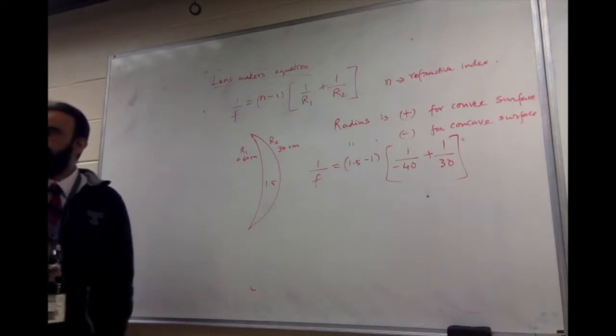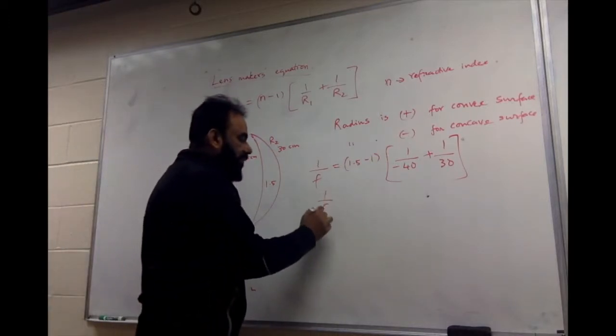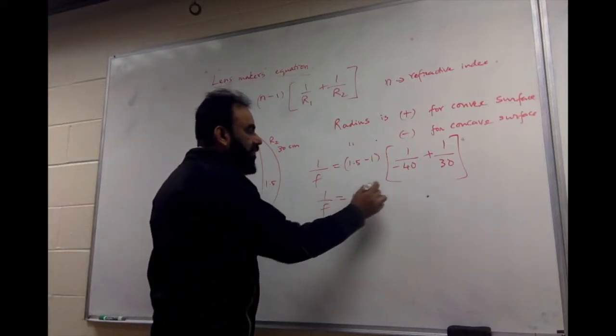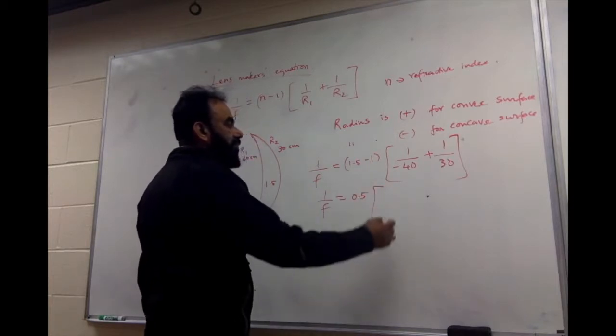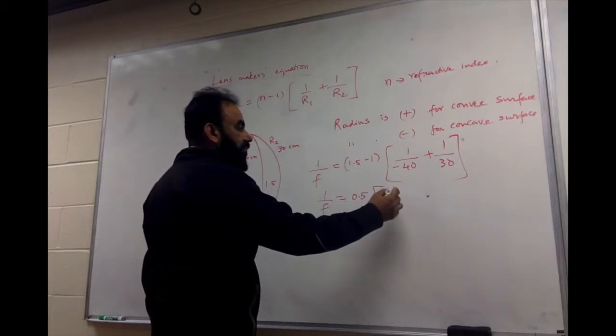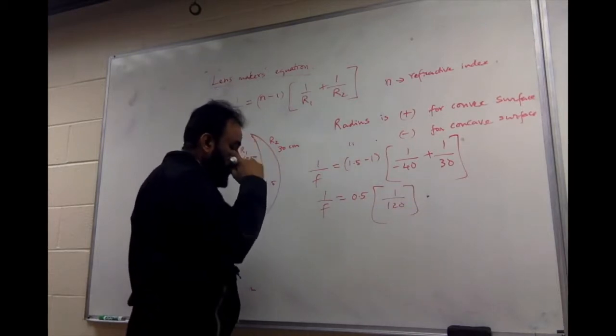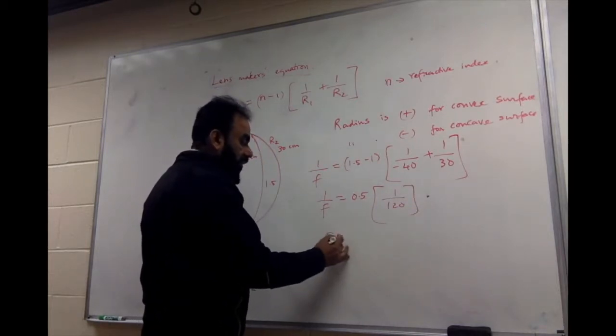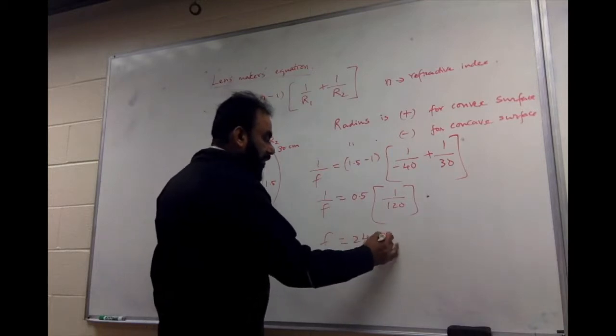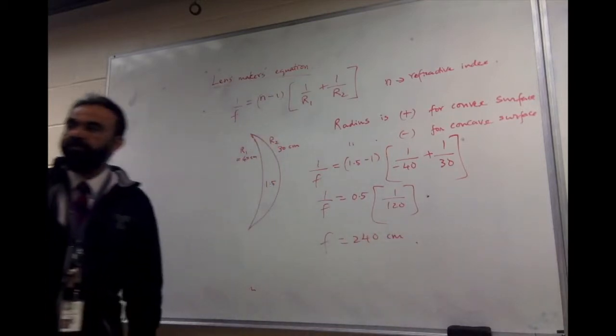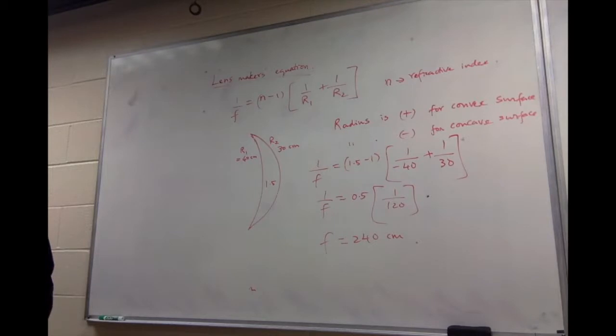Then you work that out. So 1 over f is equal to 0.5 times 1 over 120, and f is equal to 240 centimeters. Focal length is 240 centimeters.